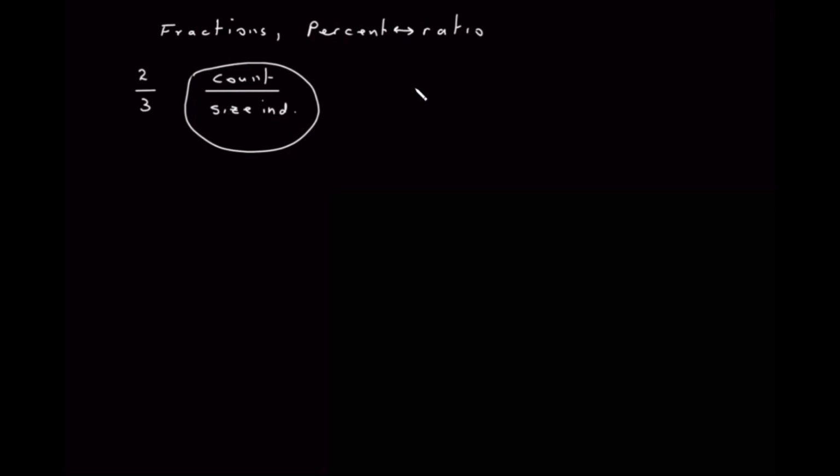Think of numbers 1, 2, 3, 4 and so on. People don't do it, but it is perfectly correct to do this. This indicates the number underneath is a size indicator.